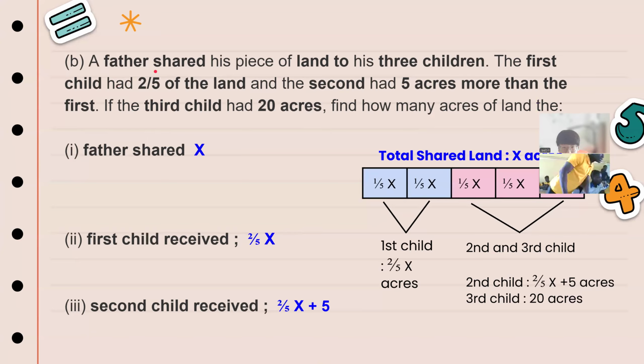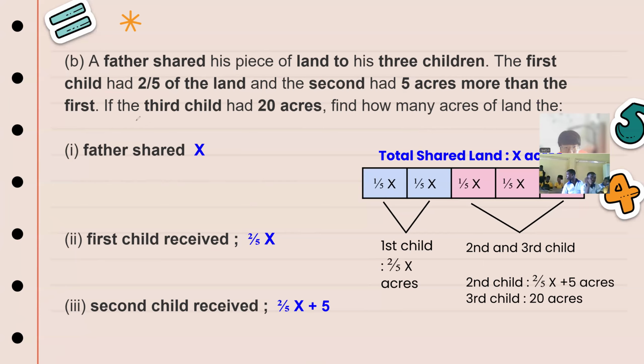A father shared his piece of land to his 3 children. The first child had 2/5 of the land, and the second had 5 acres more than the first.